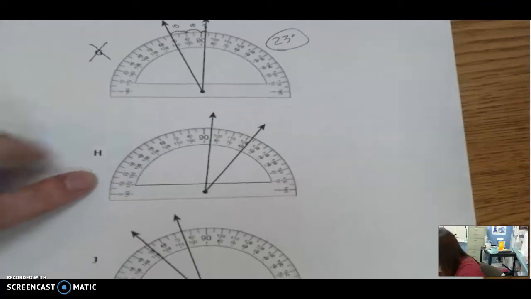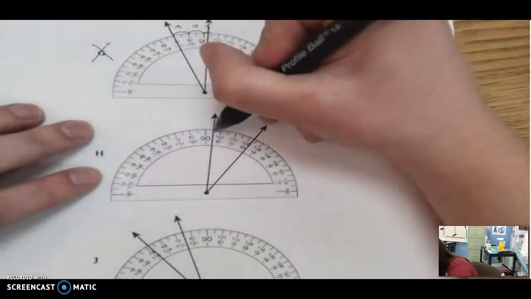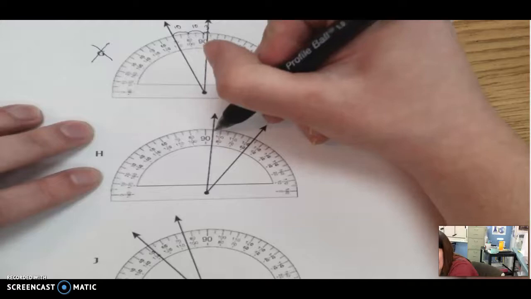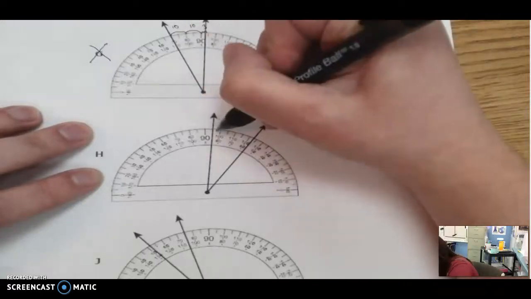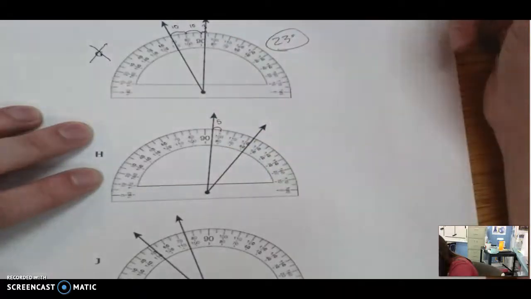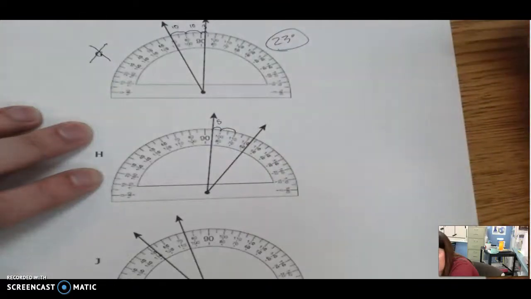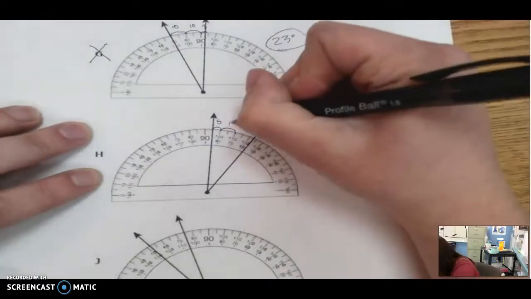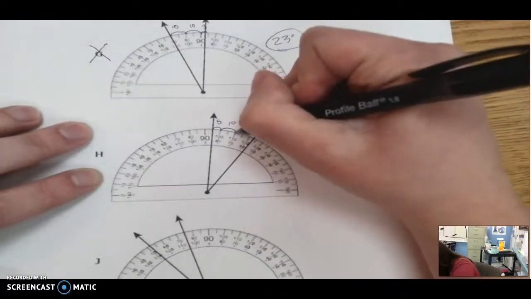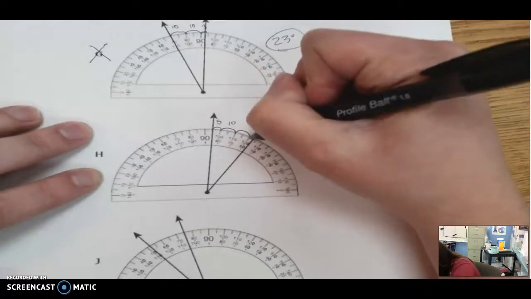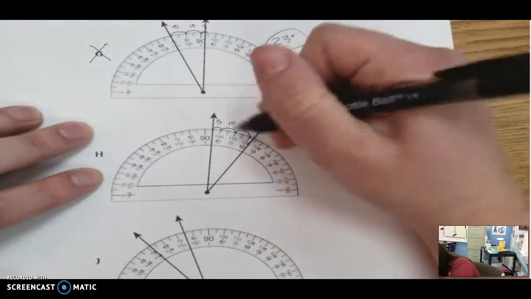All right, let's check H. H starts exactly at 95. So I'm going to go 95 to 100 right here. That's 5. Now I'm going to go by tens. So 100 to 110 is 10. 110 to 120 right here, that's another 10.